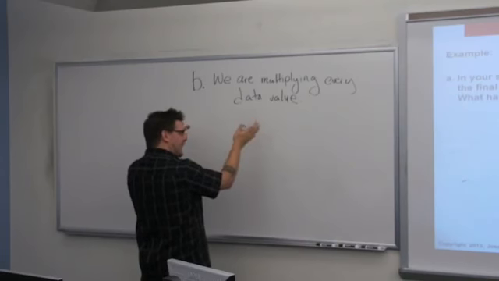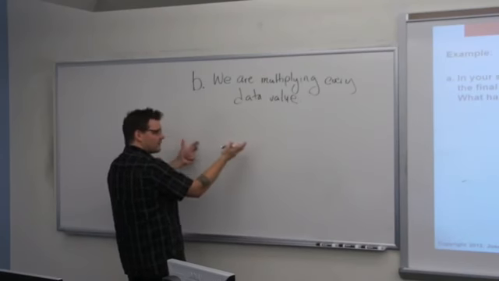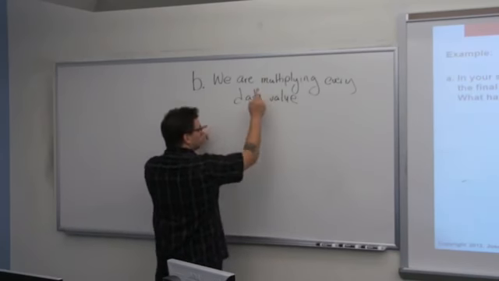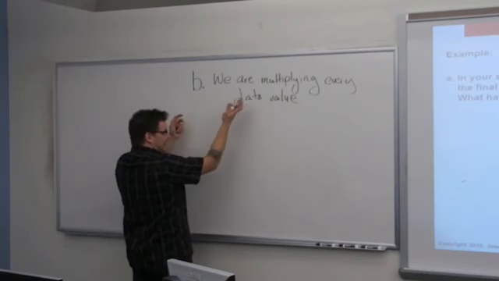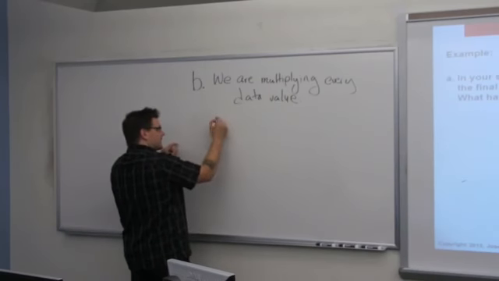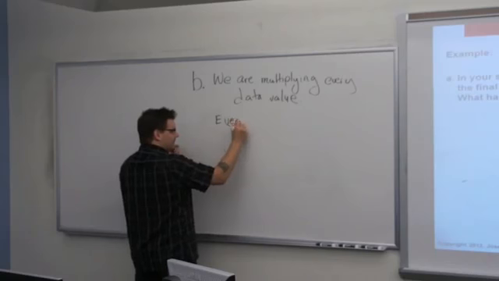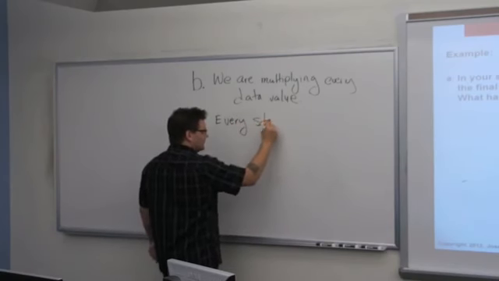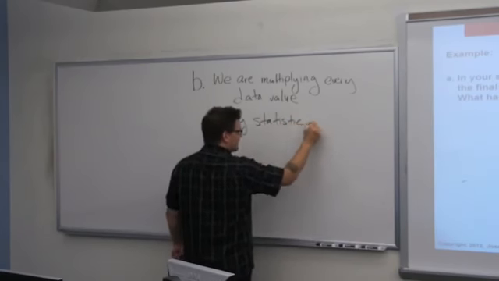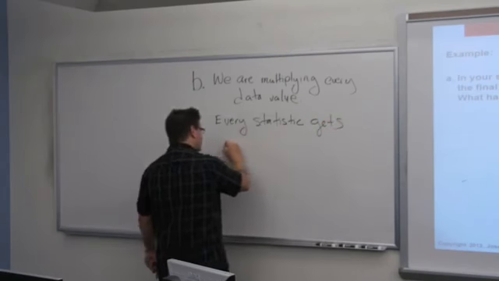If we were doing an add or a subtract, then we have to be careful with those measures of spread. But if we multiply or divide every data value by a constant, what happens is this. Basically every statistic gets multiplied.